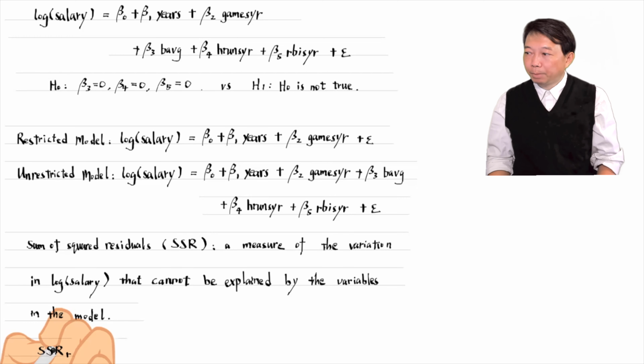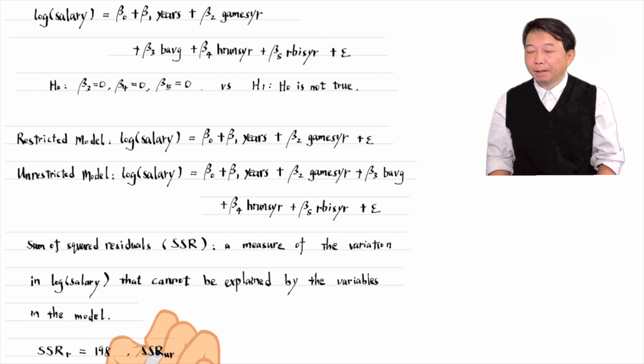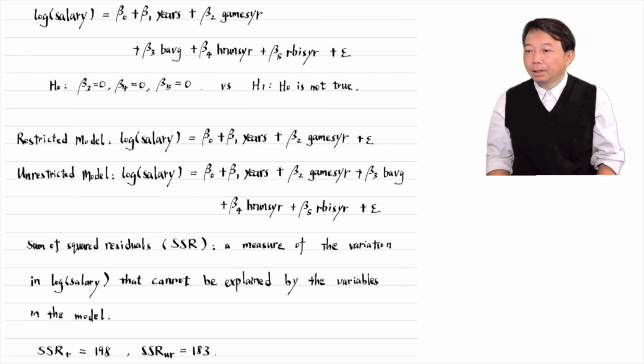The variation of players' salaries that can be explained by the model decreases when the three performance variables are excluded from the model. In other words, the unexplained part of the variation increases as those three variables are excluded from the model. Whether these three variables are statistically significant depends on the relative change.